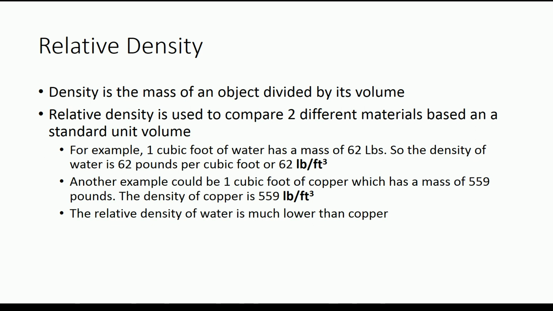Okay, now imagine another block of copper, right? So they're sitting right next to each other. That block of copper is going to weigh 559 pounds per cubic foot. There is a lot more matter in the block of copper than there is in the block of water.